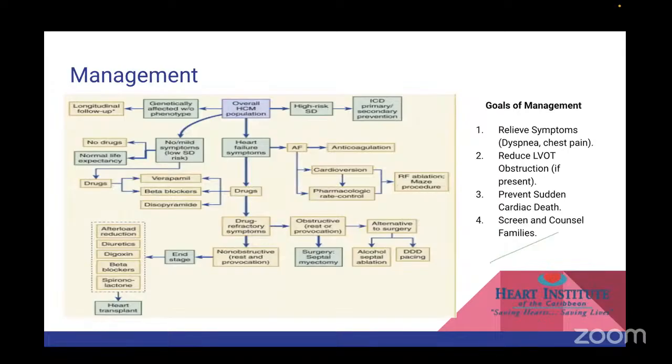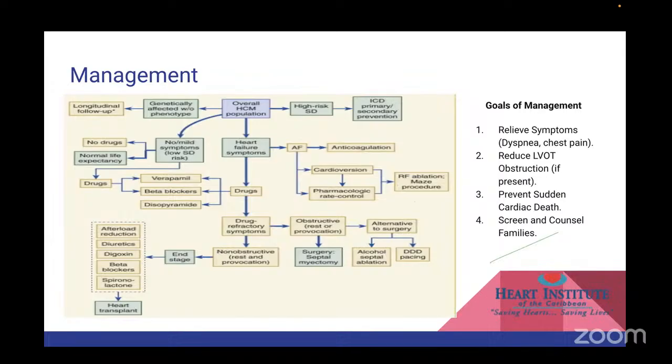And like you said, the use of beta blocker is very important. Beta blocker brings down the heart rate, improves diastolic filling, and reduces the oxygen demand of the muscles, and all this coming together is able to help the patient.